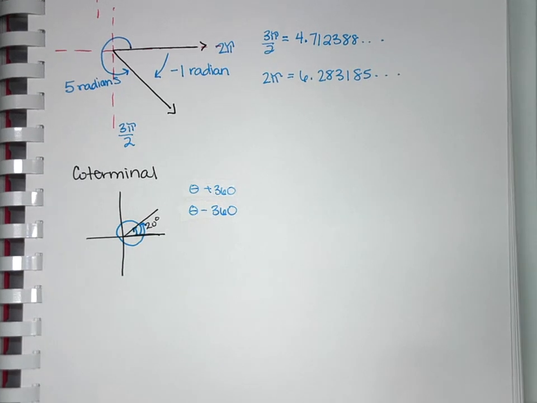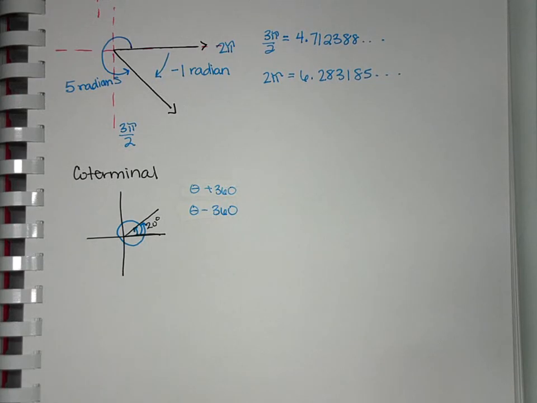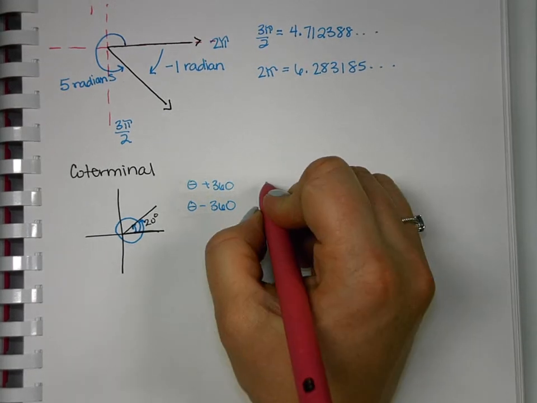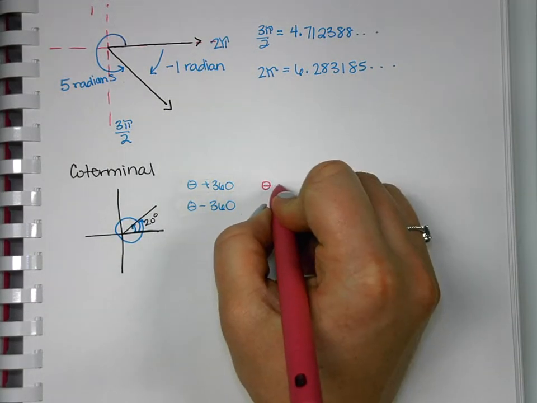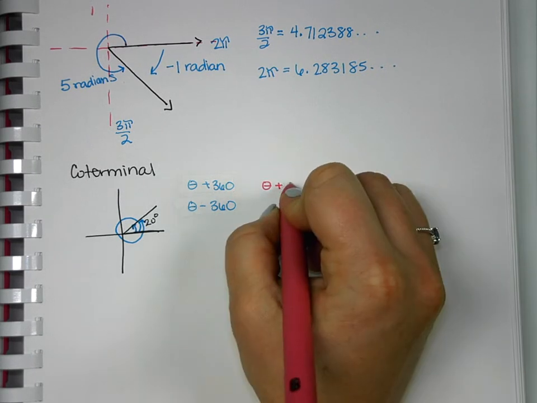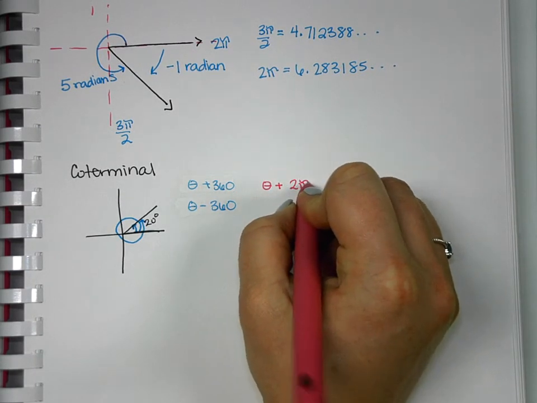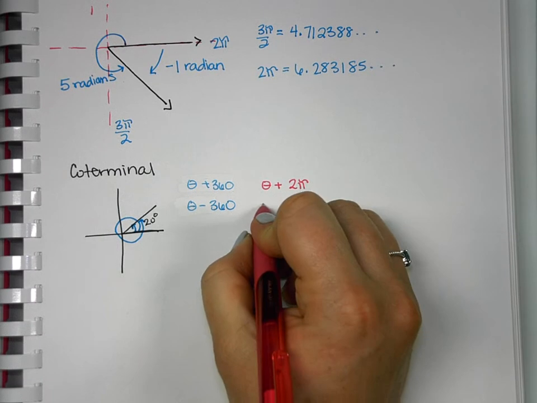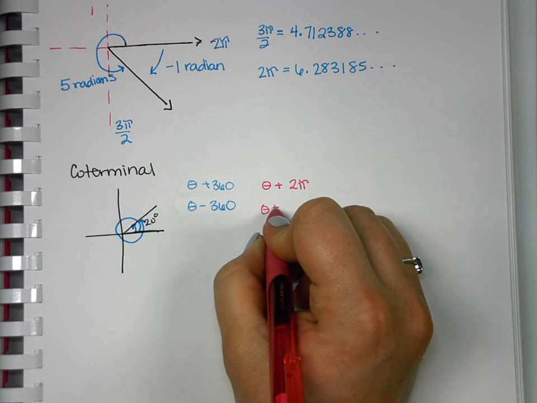And we could do this as many times as we want. As long as we keep subtracting 360 or adding 360, we will continue to get coterminal angles. Well, when it comes to radians, we would just take these thetas, our angles, and we would add 2 pi, because that's the equivalent of 360 for radians, or subtract 2 pi.